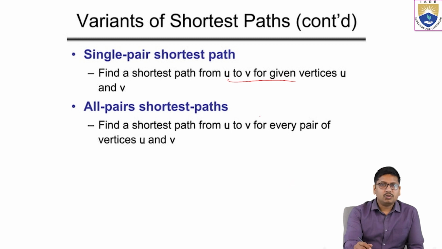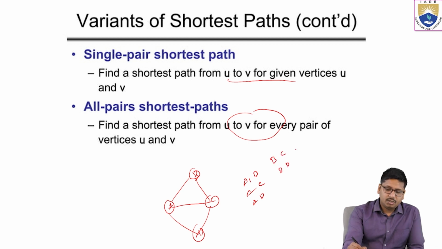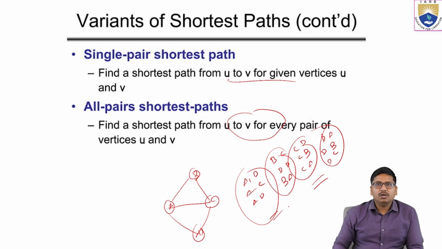For this, find the shortest path between every pair of vertices U and V. If I construct a graph like this, what should be the shortest path from A to B, A to C, A to D, and similarly B to C, B to D, C to D, C to B, C to A, and similarly D to A, D to B, and D to C. Like this, we find the shortest path between every pair of vertices. That is the all pairs shortest path.